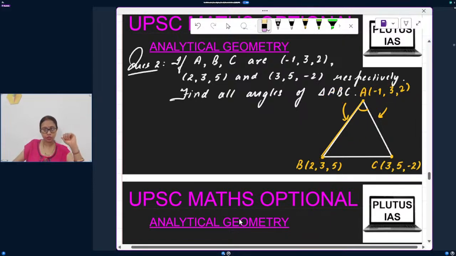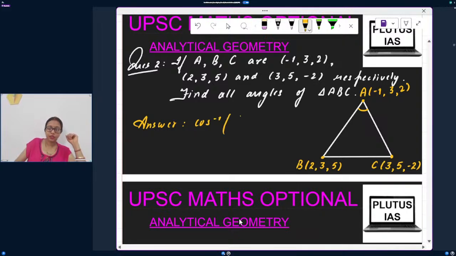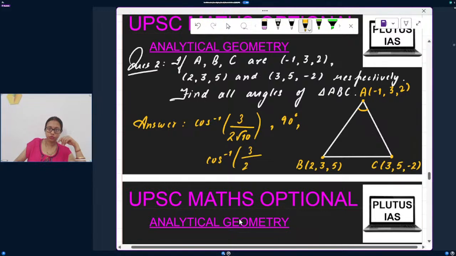Similarly, you will find the direction ratios of AC and BC. When you have direction ratios of all three lines, you apply the formula. The answers are going to be cos inverse 3 by 2 root 10, 90 degrees, and cos inverse 3 by 2 root 2. Just try this question.